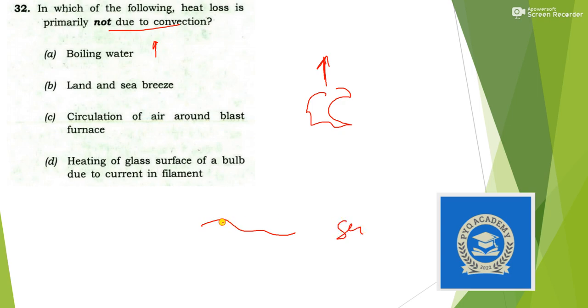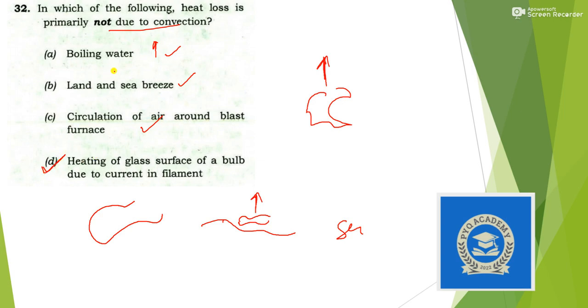When land heats, the air around moves vertically upward, so convection occurs here. Then circulation of air around a blast furnace: yes, in a blast furnace also, after heating, the air moves vertically upward. Heating of glass surface by a bulb due to current in filament: no, this is the correct option, because it is not certain that the heat will move vertically upward. So the answer is option C.